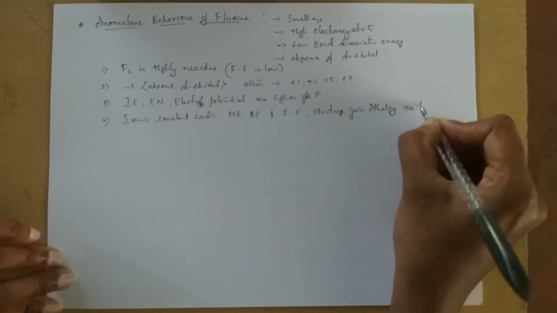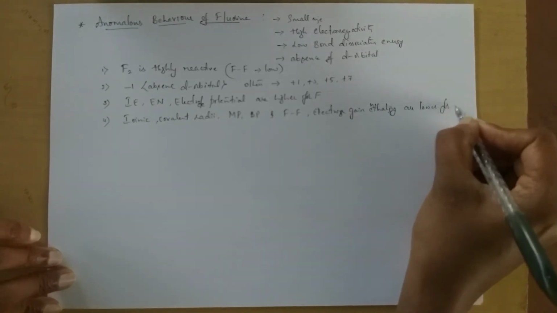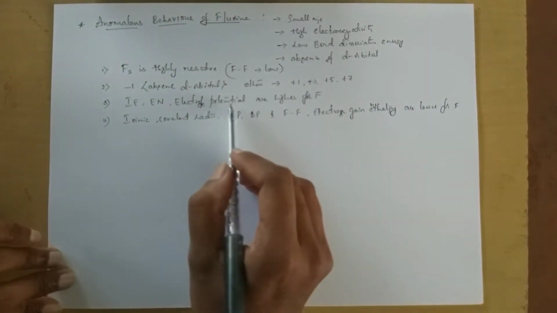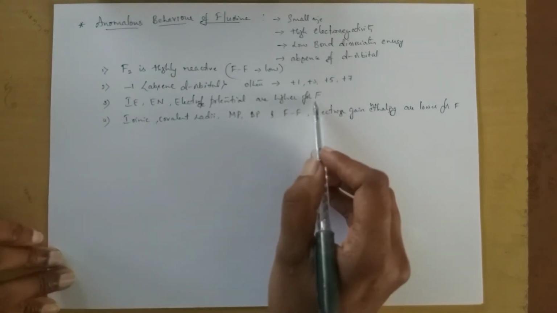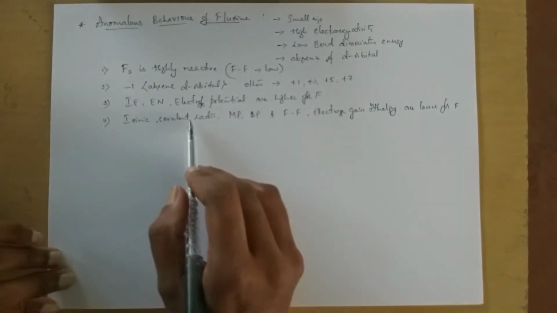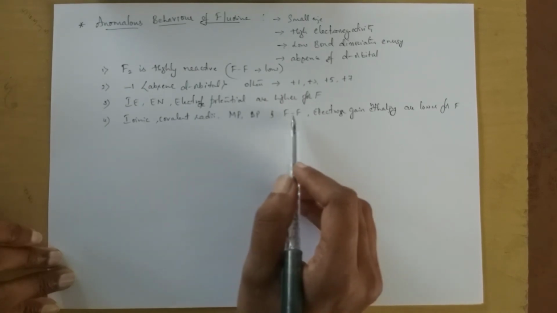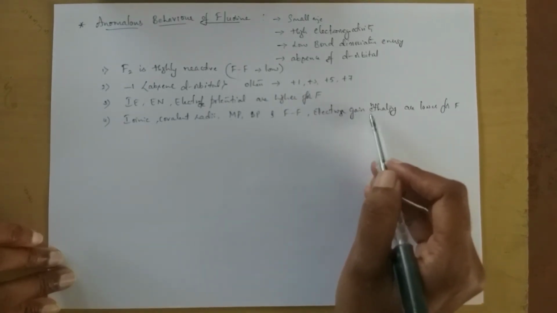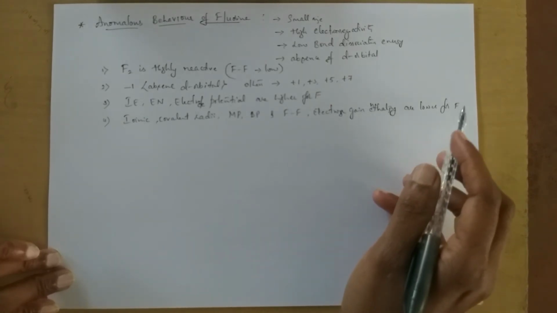Okay na, these are lower for fluorine. Clear? Ionization enthalpy, electronegativity, electrode potential are higher for fluorine, whereas ionic and covalent radii, melting point, boiling point, bond dissociation energy of fluorine and electron gain enthalpy are lower for fluorine.